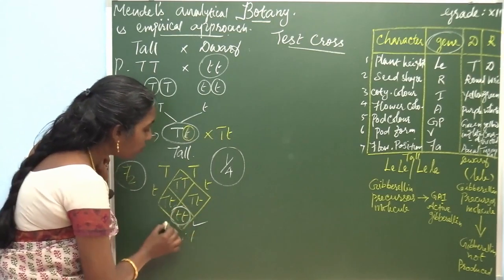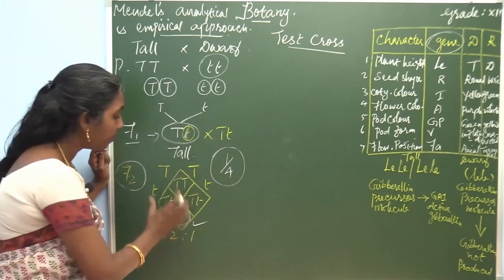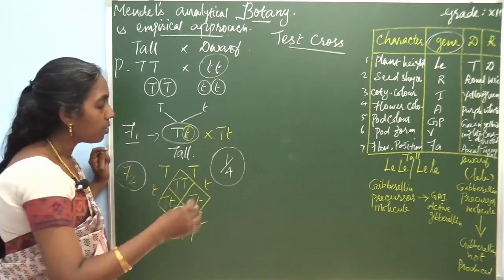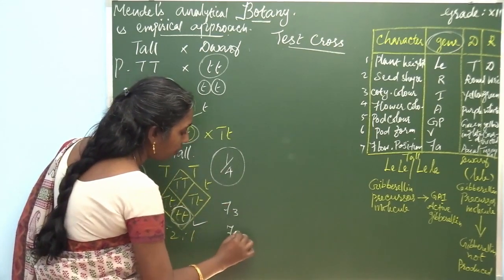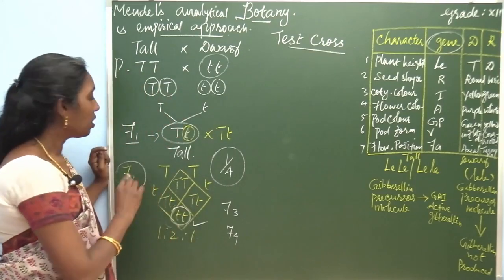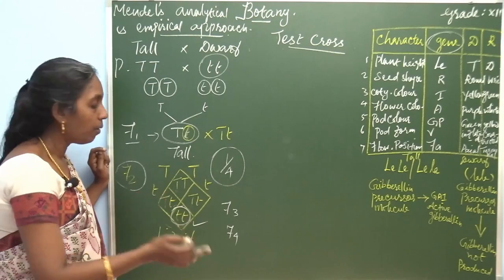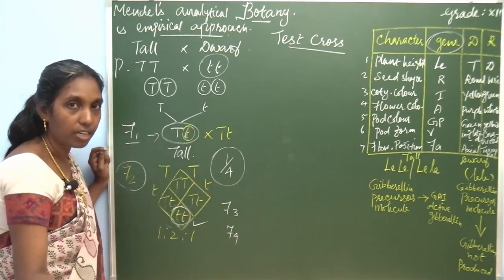Now, this F2 dwarf is crossed. Mendel self-crossed this F2 dwarf. It gives dwarf plants in the F3 as well as F4 generations. F1 is the first filial generation, F2 the second filial generation, and F3 and F4 the third and fourth generations.